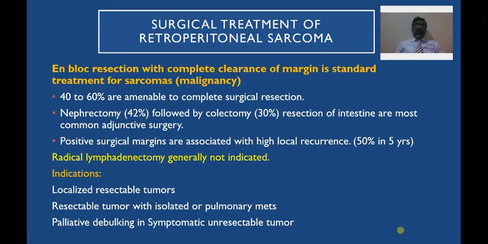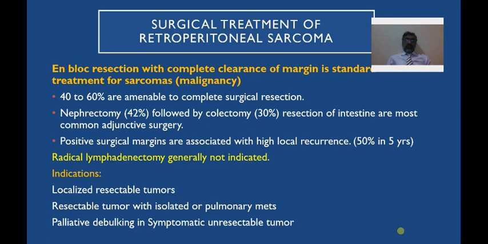So surgical treatment of retroperitoneal sarcoma is en-bloc resection with complete clearance of margins. It has a 40 to 60% cure rate with complete surgical resection. Nephrectomy or colectomy can be a part of the resection of intestine.